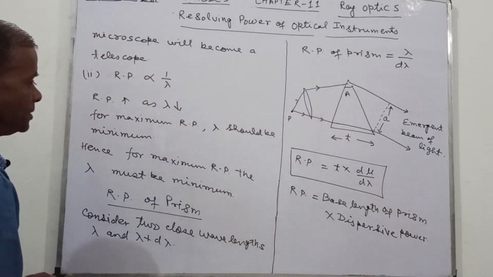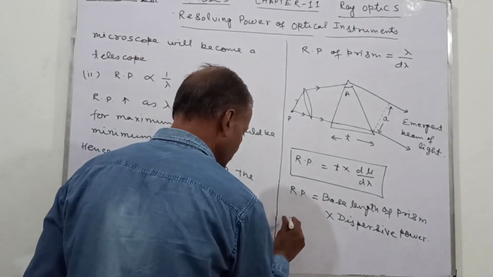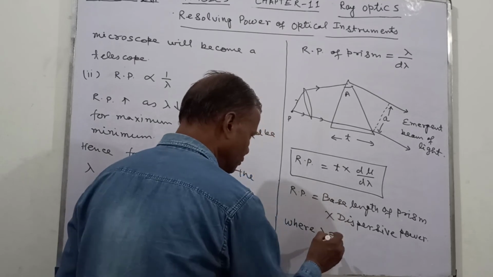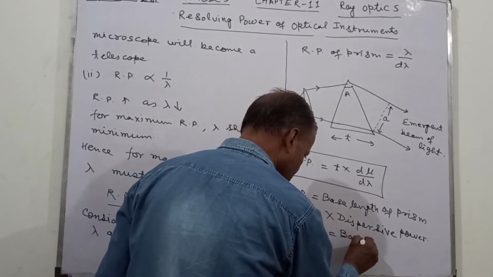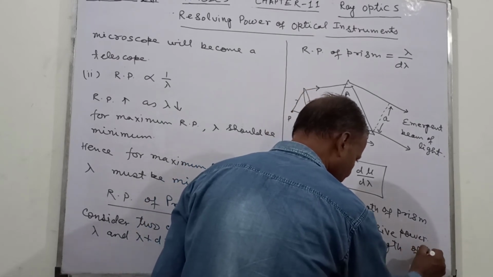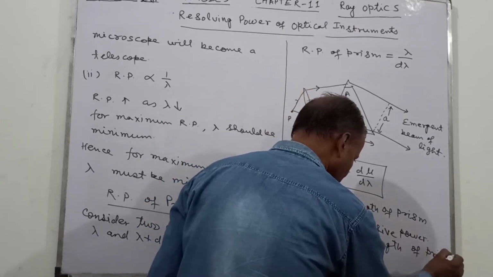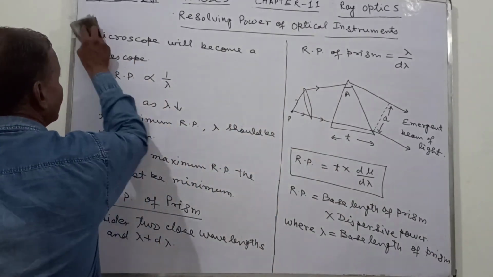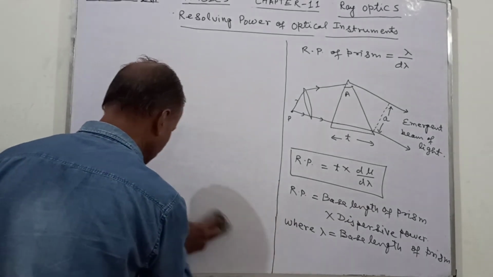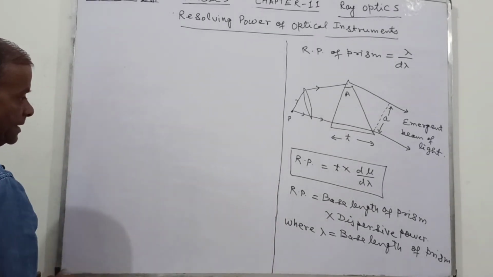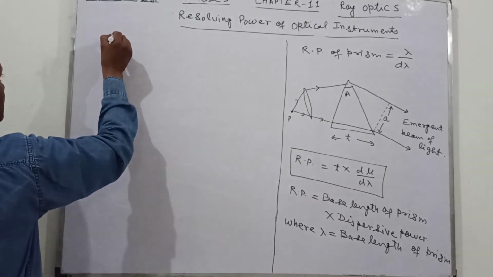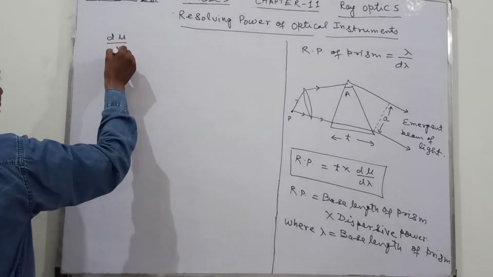So base length is T, where T is equal to the base length of prism, and the dispersive power is d mu upon d lambda.